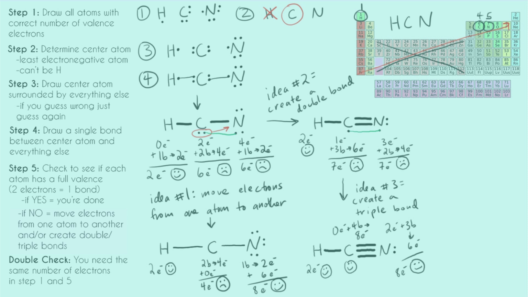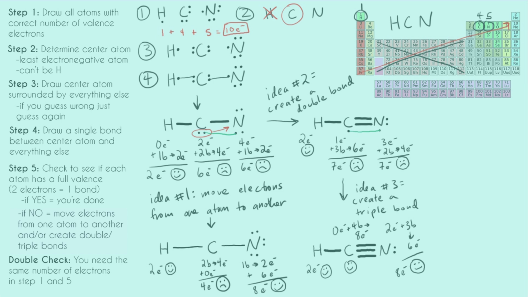And so all I have to do now is go back and do my double check to make sure that I didn't add or remove any electrons in any way, anywhere in the problem. So back to step 1. Originally I had 1 plus 4 plus 5 electrons, so I had a total of 10 electrons. And now I have to just make sure that I have 10 electrons in my final structure.